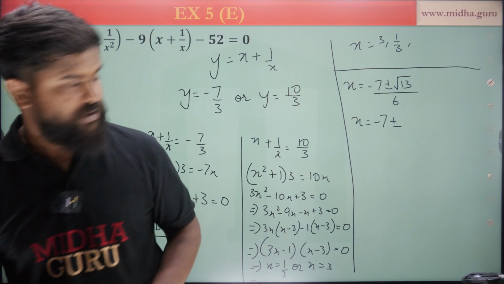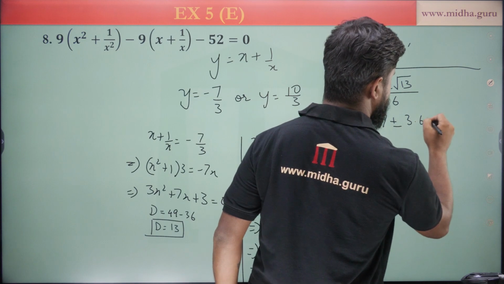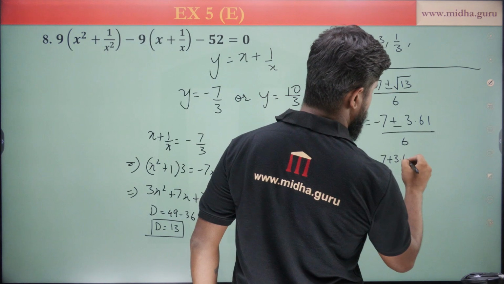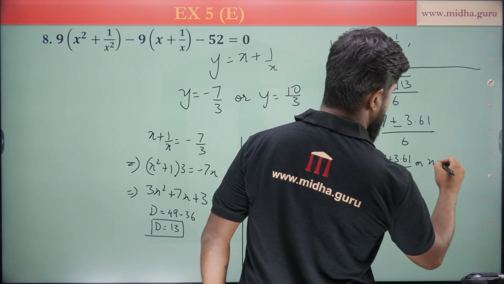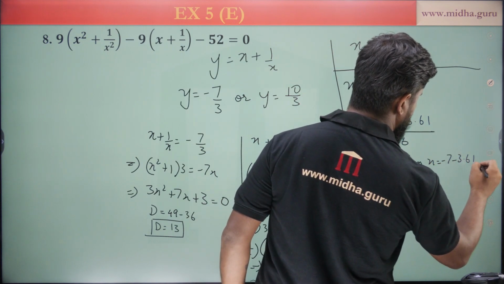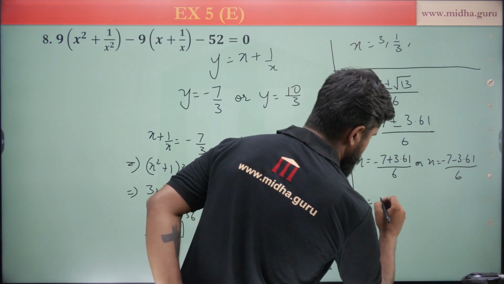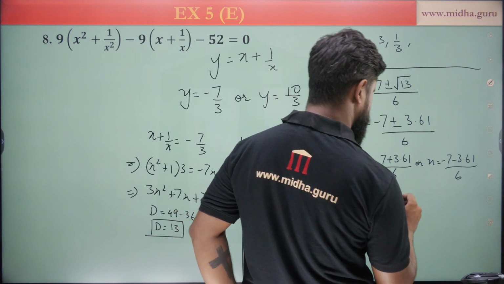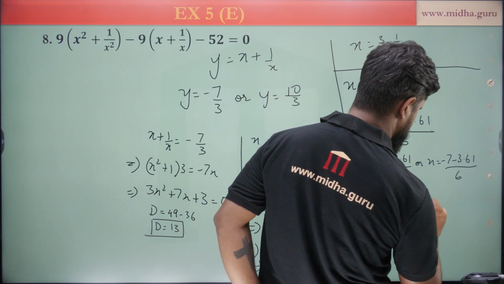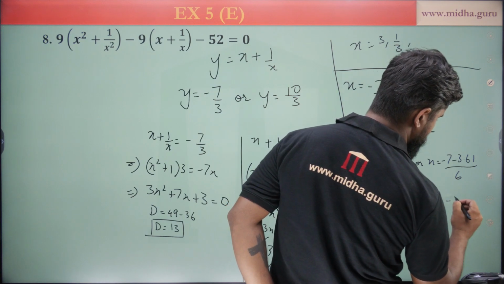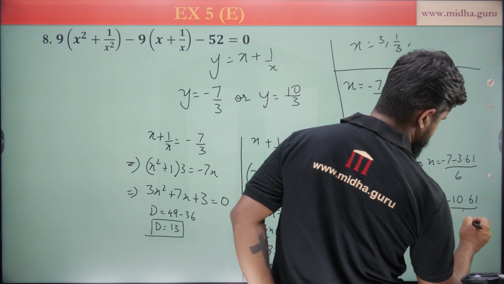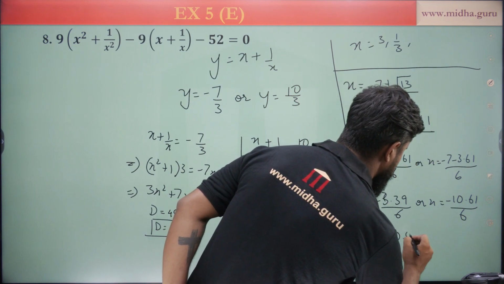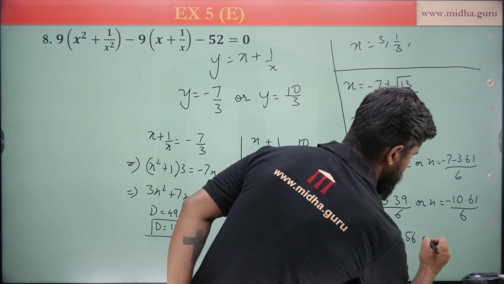Here I can see that the square root of 13 is 3.61. So we have x is equal to (minus 7 plus 3.61) by 6 or x is equal to (minus 7 minus 3.61) by 6. In this case it will be equal to minus 3.39 by 6 or x is equal to minus 10.61 by 6.